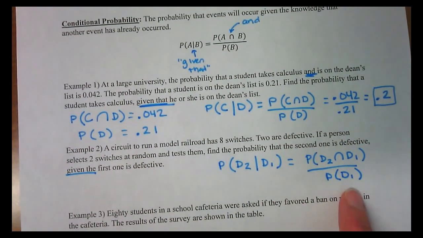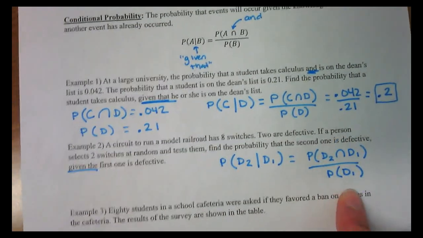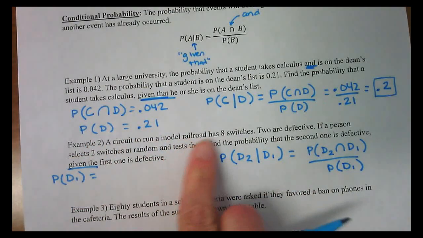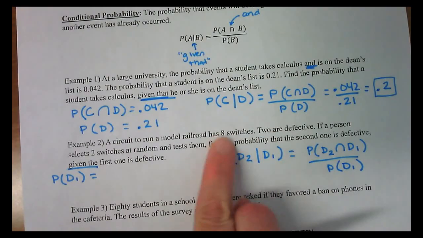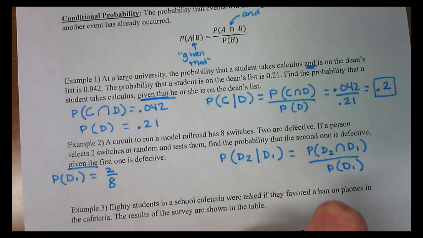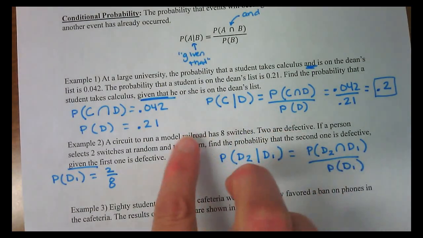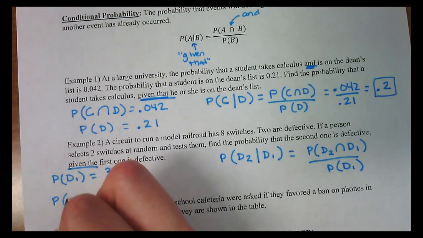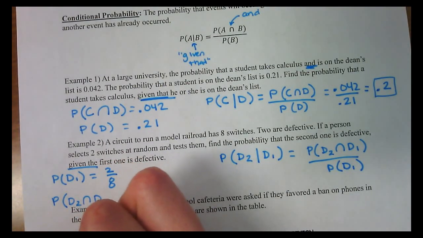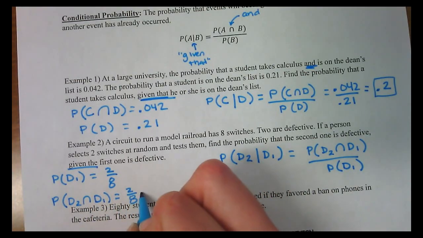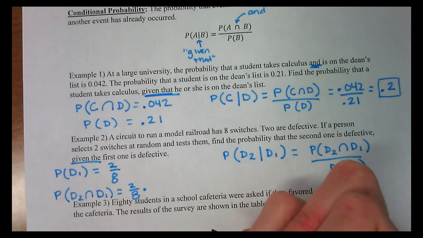So I need the probability of these items. So the probability of the first one being defective is going to be 2 out of 8, because it says 2 are defective out of the 8. Now the probability that both are defective would mean that the first one's defective and the second one's defective.